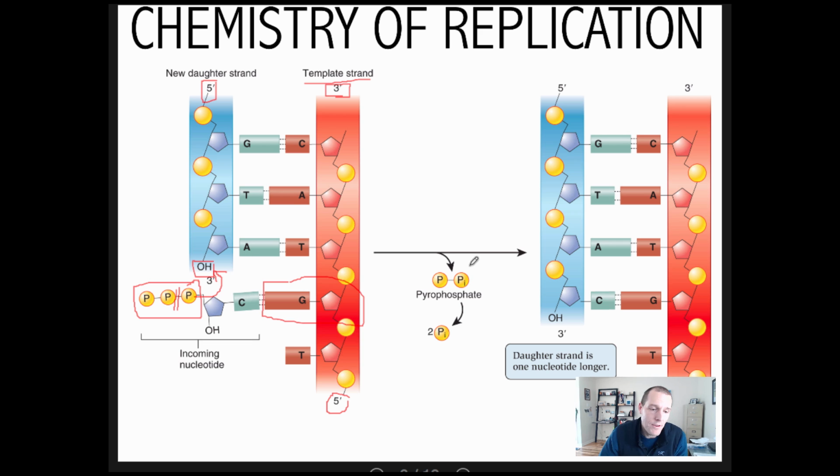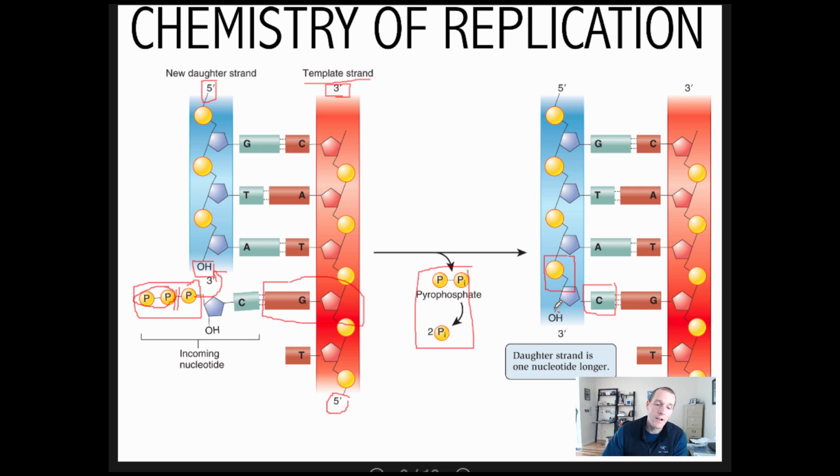So what happens is these 2 phosphates get released. Those are the 2 phosphates over here. They get released. And as they get released and the new bond is formed between the phosphate that's left and the hydroxyl on the end nucleotide in the piece of DNA we're extending, work is done, and the new phosphodiester bond is formed. So here is the new phosphodiester bond that we just formed, and now we've got a C base paired with a G.